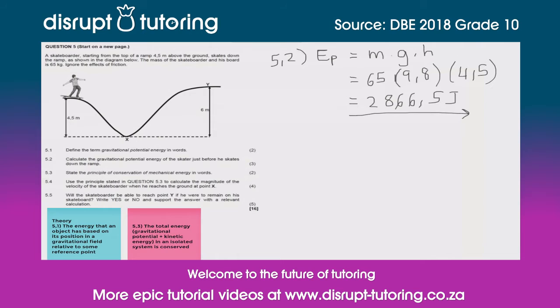So the next question says, use the principle stated in question 5.3, the conservation of energy, to calculate the magnitude of the velocity of the skateboarder when he reaches the ground at point X. So let's go, 5.4.